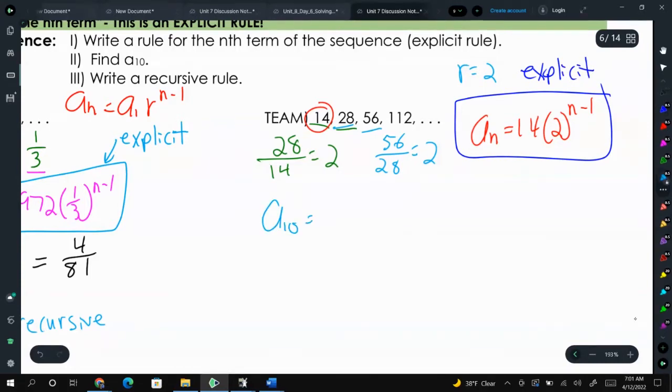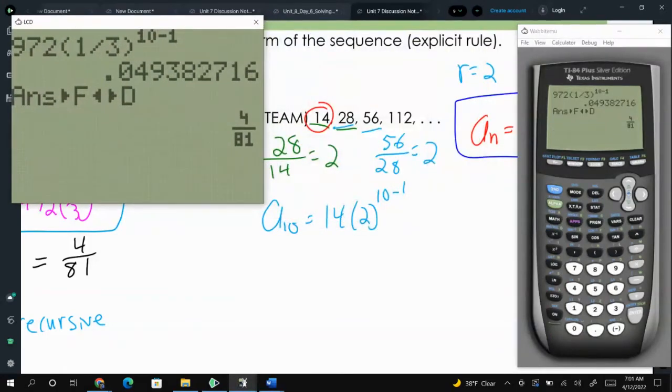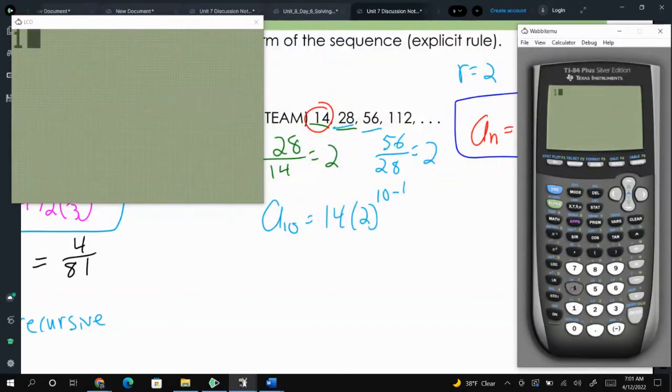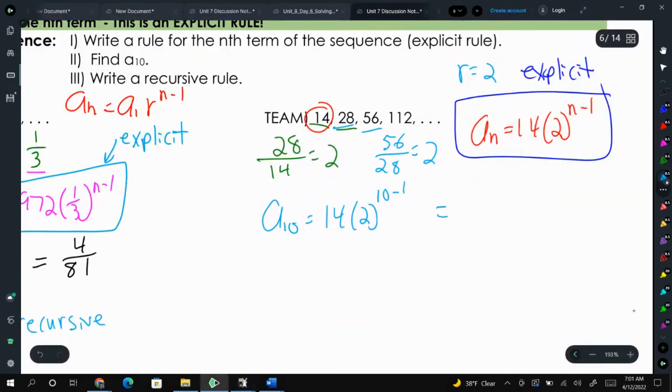A sub 10 is going to be 14 times 2 to the 10 minus 1 power. Again, I'm going to type that into my calculator. Oops, not 9. I was going to say, if you wanted to type in just 9th power, you could. 14 times 2 to the 9th equals 7168.